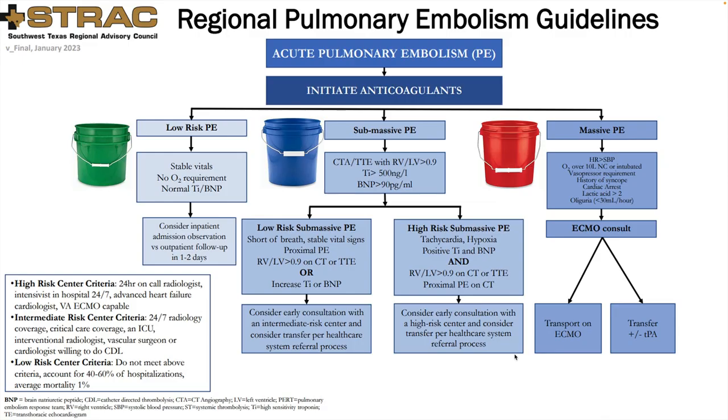Our massive PEs are our sickest patients. These are going to be basically your unstable patients, have high oxygen requirements, maybe vasopressors. They might have had that history of syncope or cardiac arrest, elevated lactates.